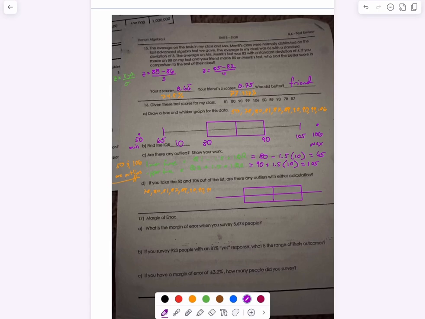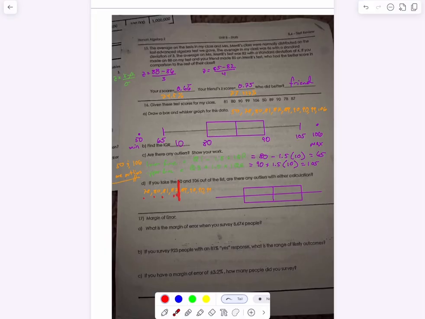So this one, 1, 2, 3, 4. So this is the halfway mark, right? So our middle is still 88.